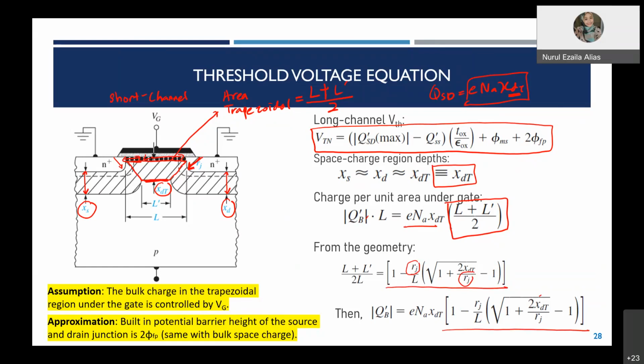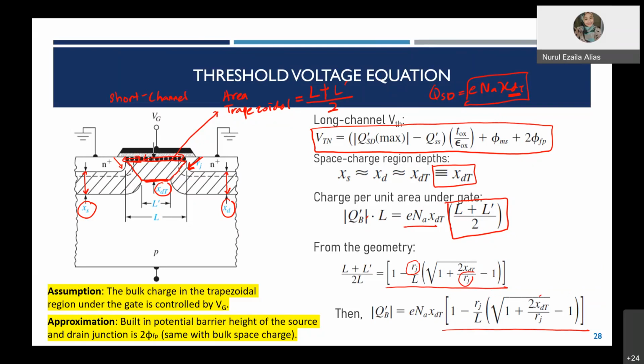So now the charge has to multiply with the geometry of the trapezoid, 1 minus r_j over L, and so on. So this is basically the charge.